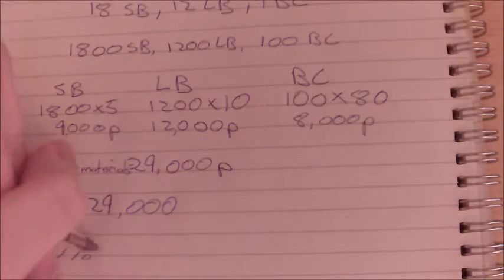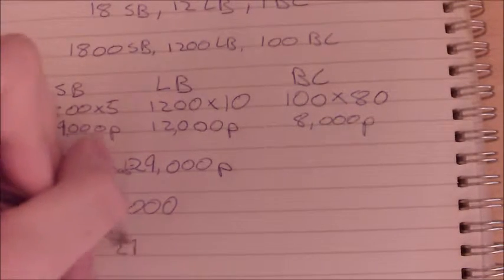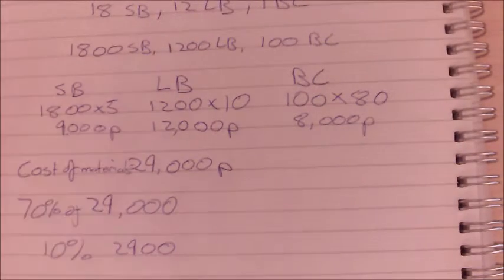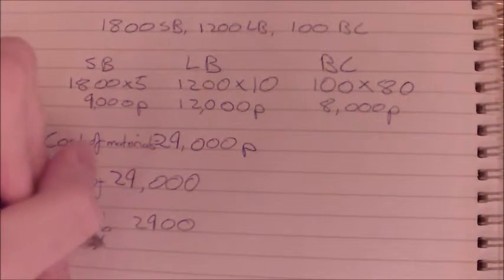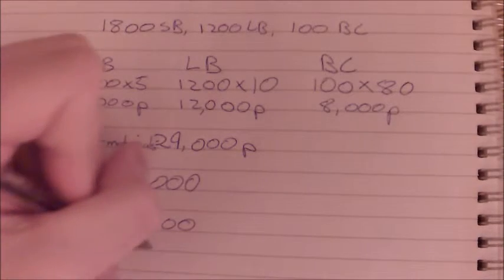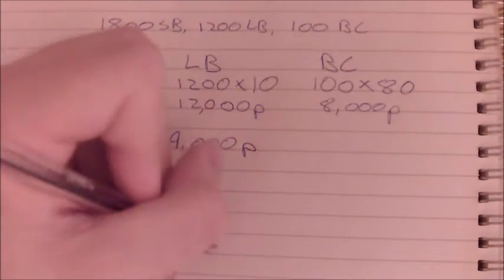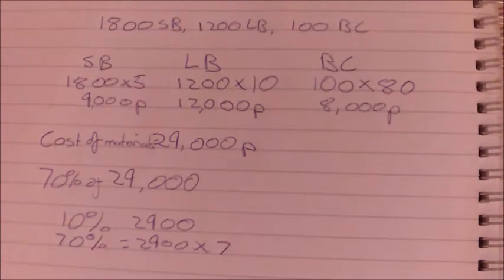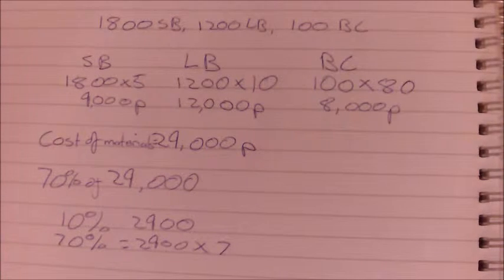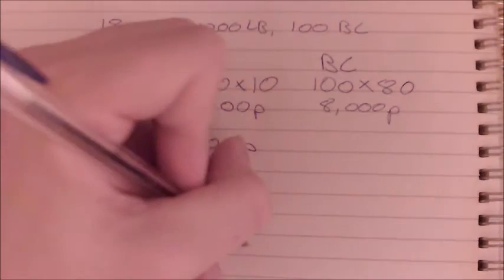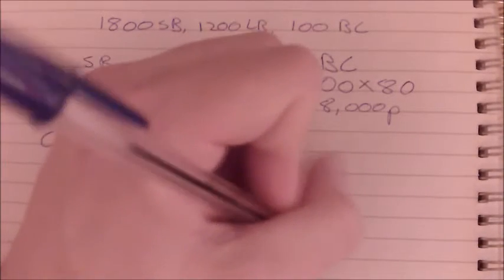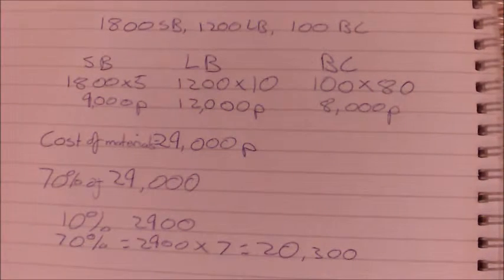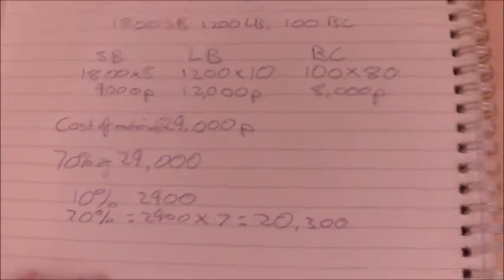So 10% is going to be 2,900. Then I would times that by 7. So 70% equals 2,900 times by 7, which is 20,300. So that's the profit he makes.